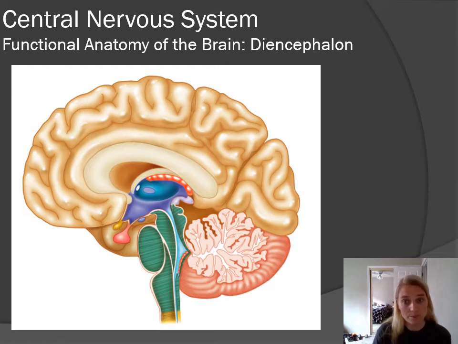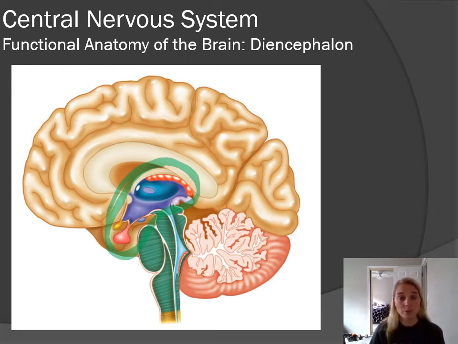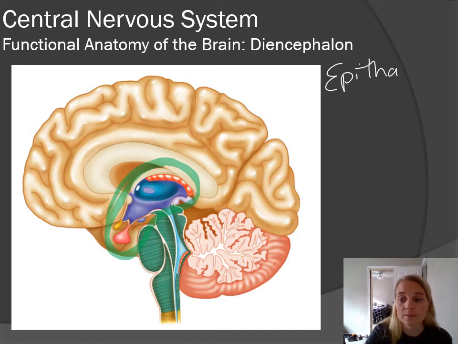So that was our cerebrum. Now we're going to move on to the diencephalon. So let's highlight that here. I'm just going to talk about this part that I'm highlighting here. So ignore everything else. We're going to talk specifically about this. The diencephalon is made up of three major regions. We have what's called the epithalamus.